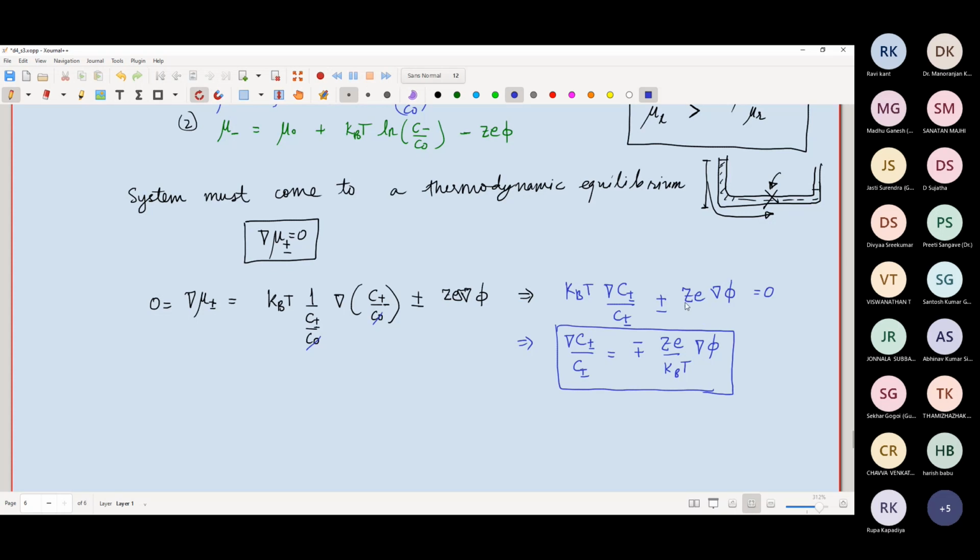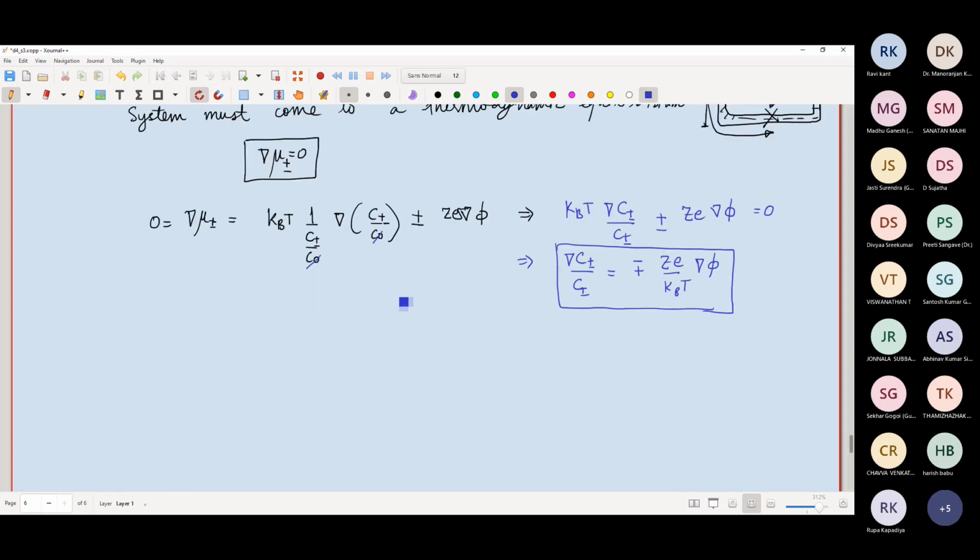Now we must integrate this. Before integrating, let us assume that we are working with a one-dimensional problem where you have a wall like this, which can have some kind of charge to it, and let this coordinate be x.